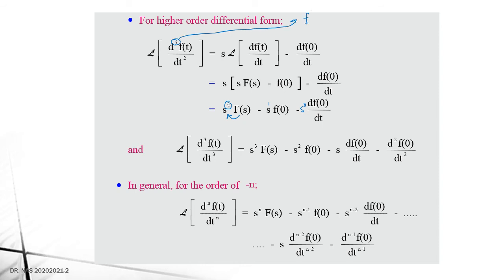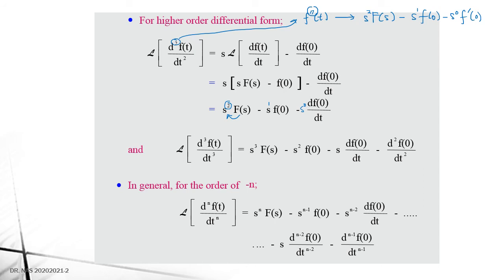For example, f double prime of t, in the s domain, this is double prime, so to the power of 2: s squared F(s) minus, now s becomes the power of 1, s f(0) minus s to the power of 0, f prime(0). Now s is already at the power of 0, so you don't have to add additional terms.